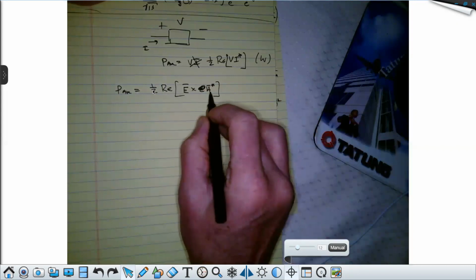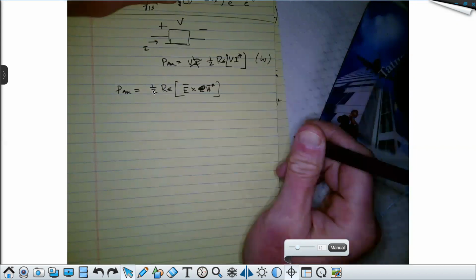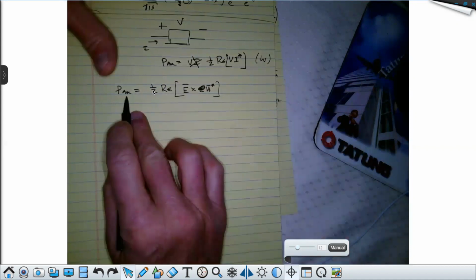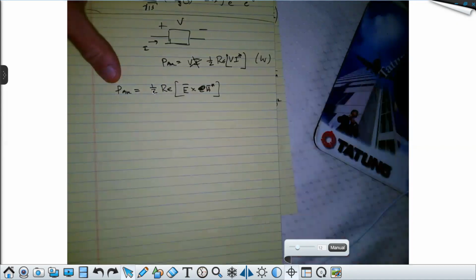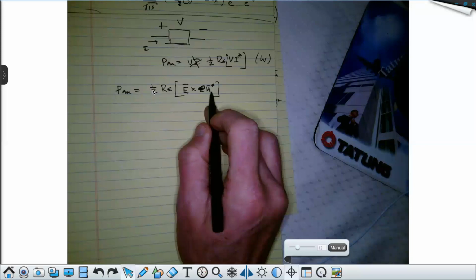E cross H will be in the direction of propagation, but be weighted by a big constant. So this is how you get the average power. Now I'm going to take it and make it easy to do. If you go ahead and put in E, remember H and E are intimately linked. You can't separate them. You have an E field that's linked to the H field for the propagating wave.